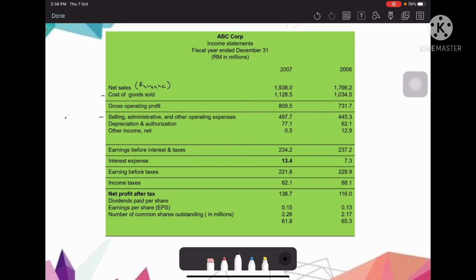These other expenses are like selling, admin, depreciation and other income. So that you get earnings before interest and taxes. This is the EBIT, earnings before interest and taxes, also known as operating profit.